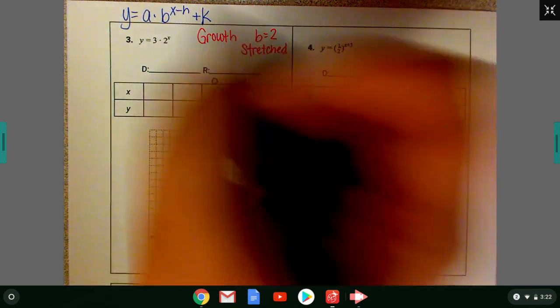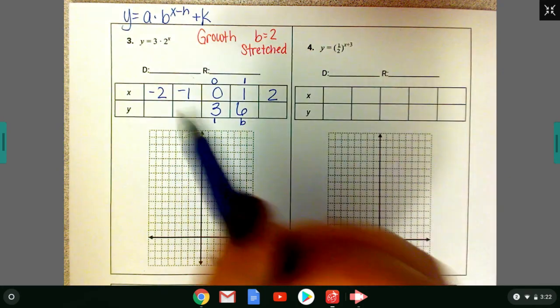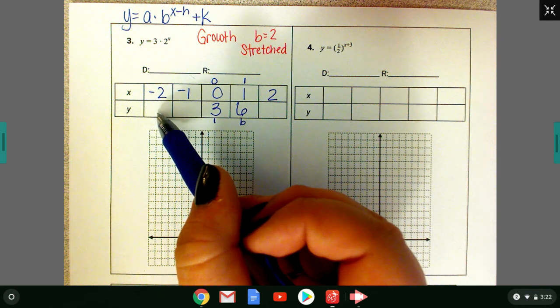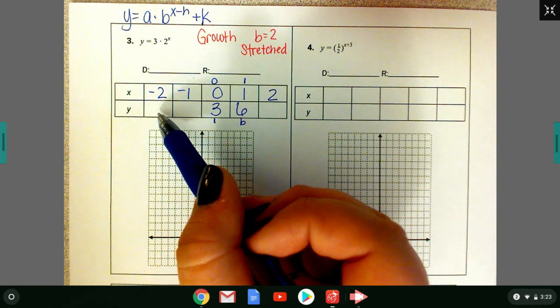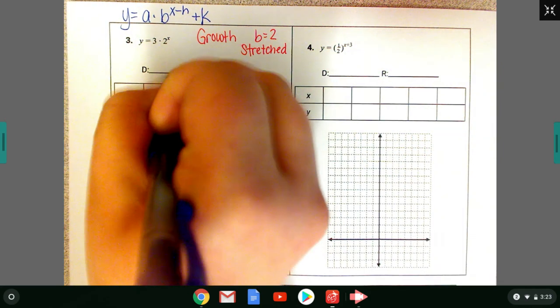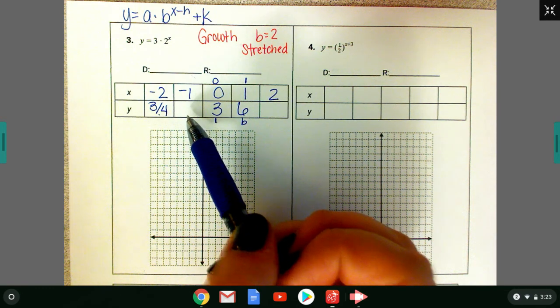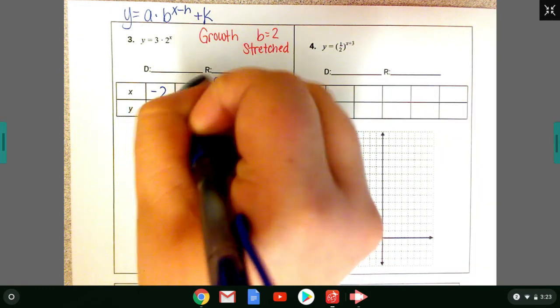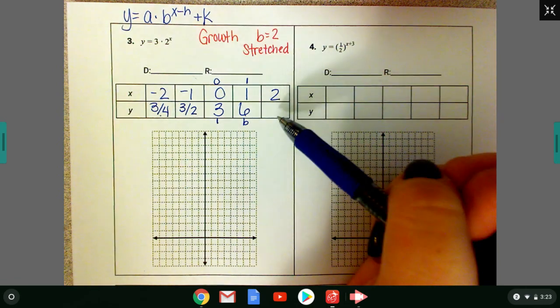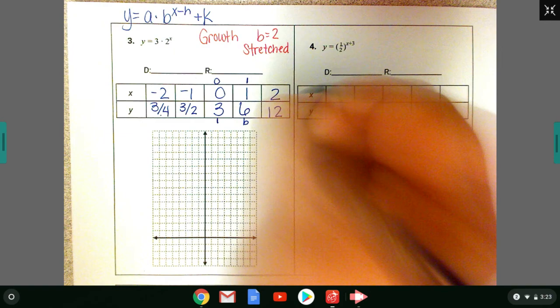And then let's check some points to the left and right. So -1, -2, 2. So at -2, 3 times 2 to the -2. 2 to the -2 is 1 over 2 squared, so that's 1/4, so that's 3/4. 3 times 2 to the -1, that's 3 times a half, that's 3/2. 3 times 2 squared is 3 times 4, which is 12.